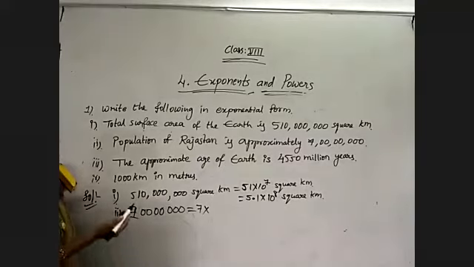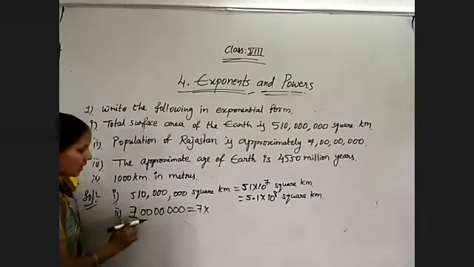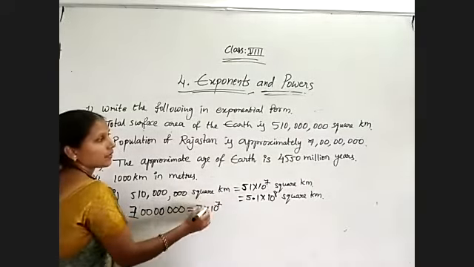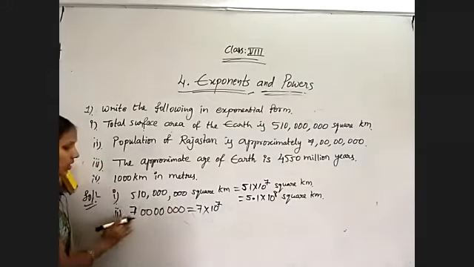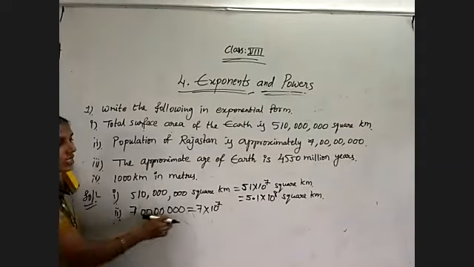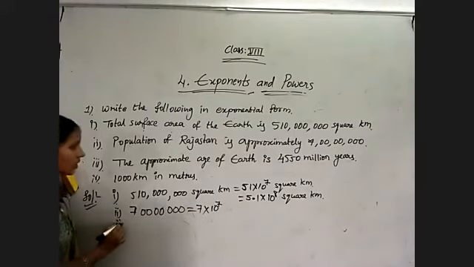Either it is decimal or integer, no problem, but it must be between 1 and 10. 1, 2, 3, 4, 5, 6, 7. 10 to the power of 7. 7 into 10 to the power of 7, the approximate population of Rajasthan. Understand? 7 into 10 power 7. That's all. Now coming to the third question.